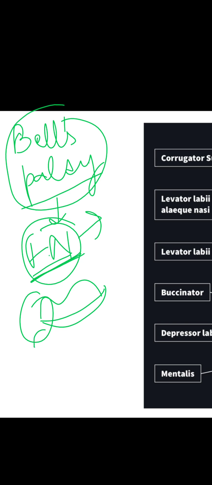And that is why, in a Bell's palsy patient, we see that the corner of the mouth droops down, and there is drooling of saliva.